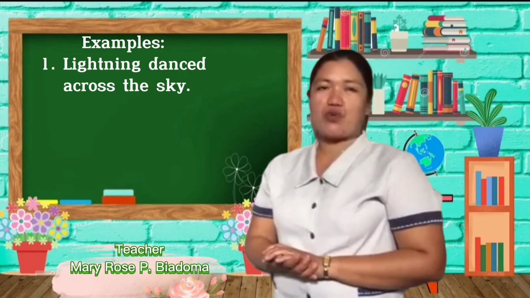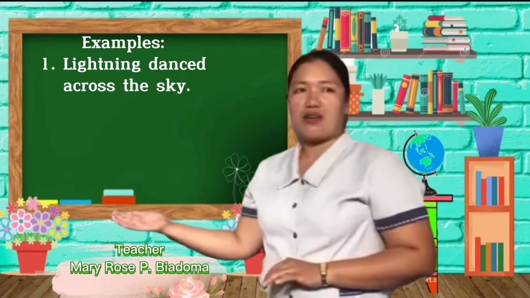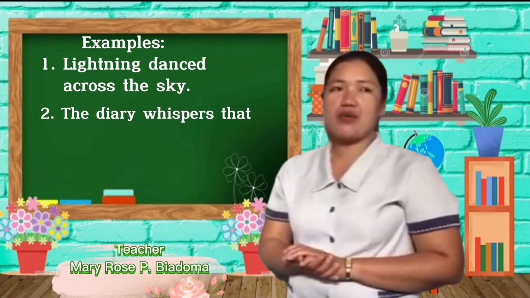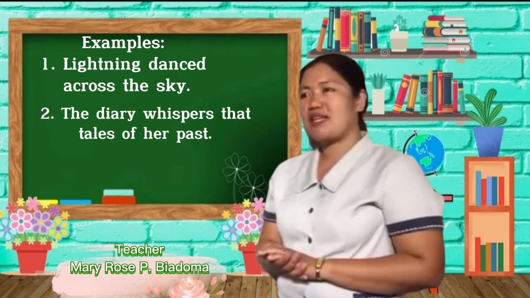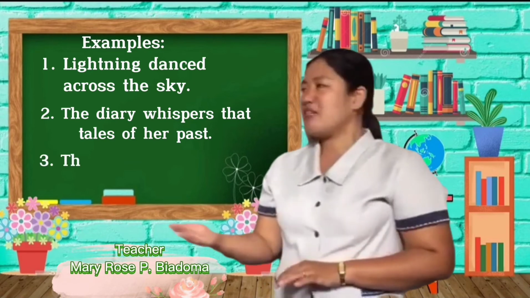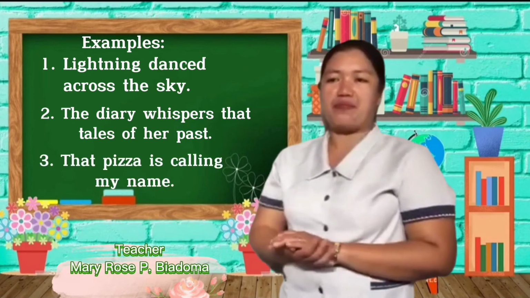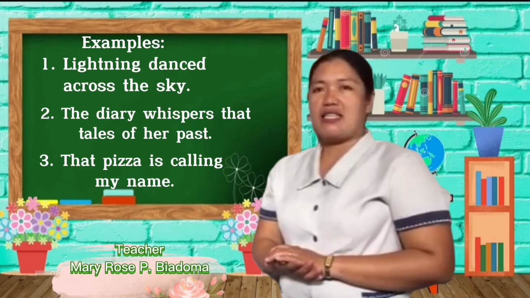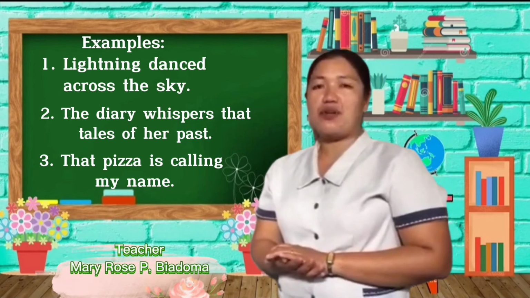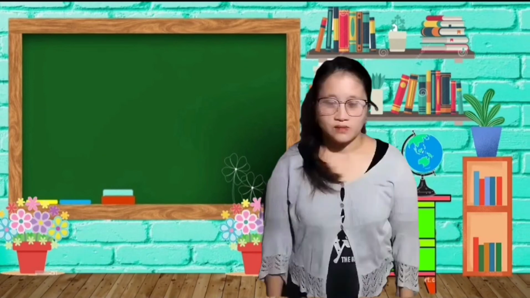Lightning is a spark that we can see dance across the sky. The diary whispers the tales of her past. Diary represents a thing. That pizza is calling my name. Or the boy wants to eat pizza. These are all examples of personification.